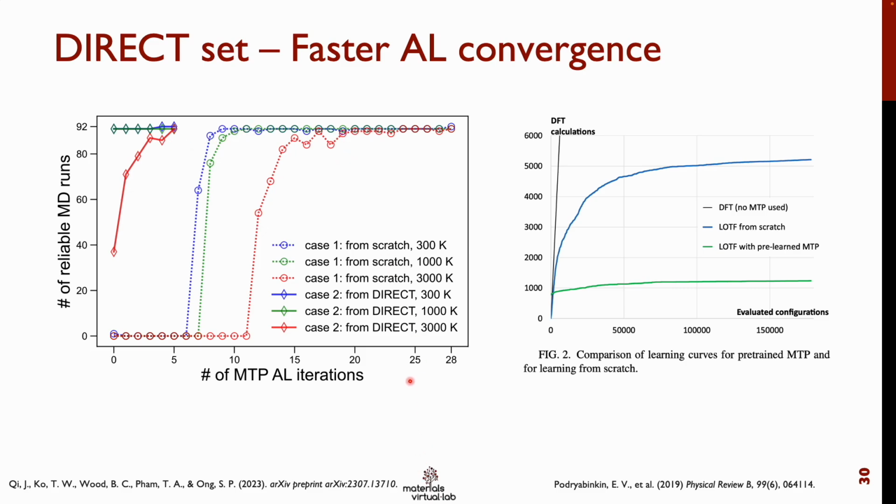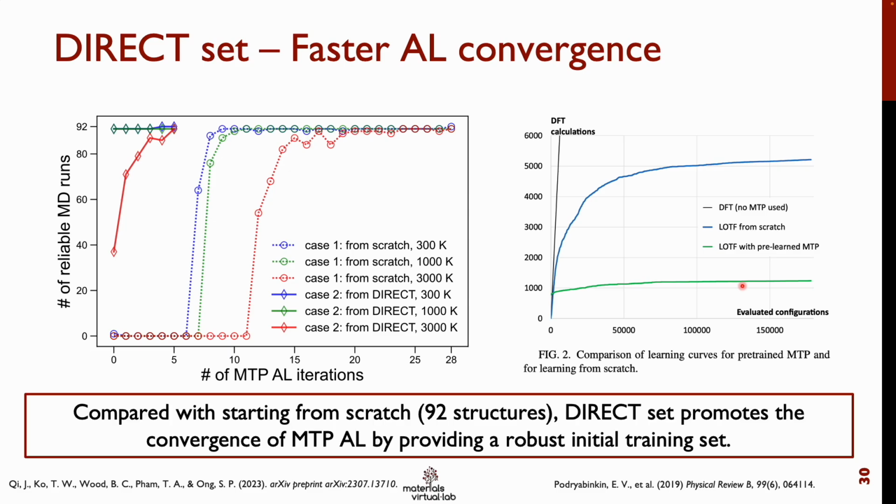And this result is actually not surprising because, like reported by the MTP developers, if you start the on-the-fly active learning with a well-designed pre-learning data set, then you will need a much smaller amount of DFT calculations in order to get a stable MTP.